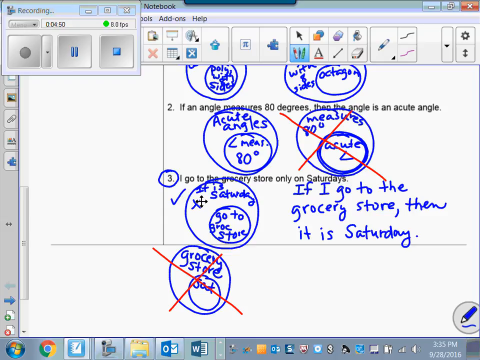The incorrect conditional statement would say, if it is Saturday, then I go to the grocery store, because I might be doing something else on Saturday. There are many other things I can do on Saturday in addition to going to the grocery store. All you know is if you see me at the store, then it's definitely Saturday.